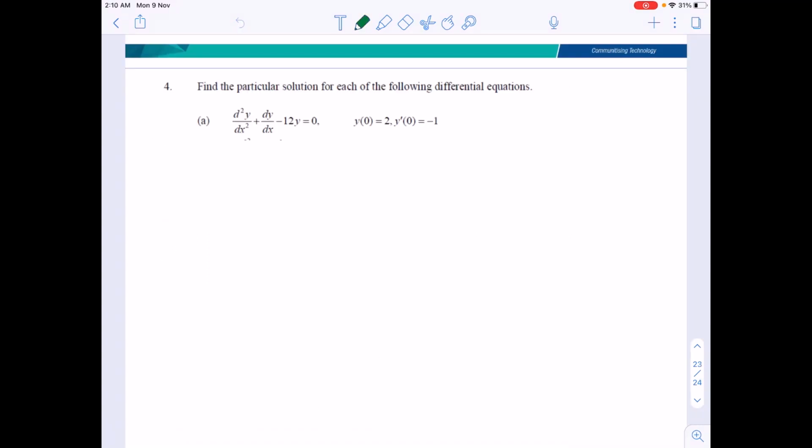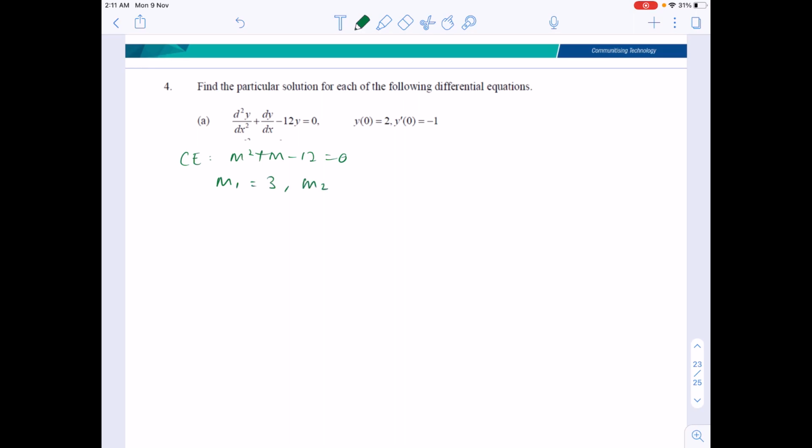Right, so now we move to the next question. We choose question A. Find the particular solution for each of the following differential equations. First thing, obviously, you have to find the characteristic equation. m squared plus m minus 12 equals 0. We use the calculator: 1, 1, minus 12, and m1 equals 3, m2 equals minus 4.